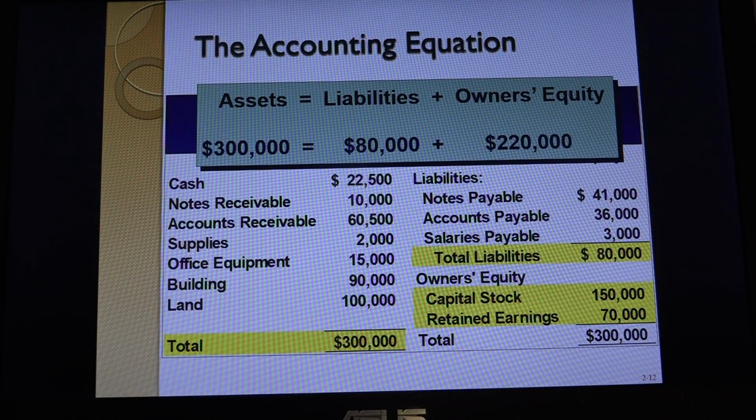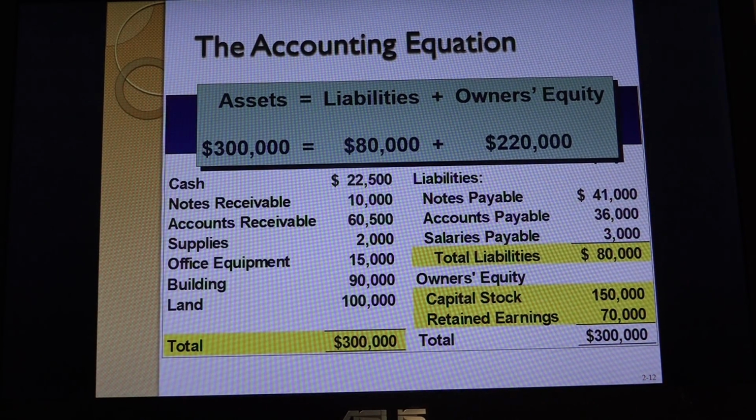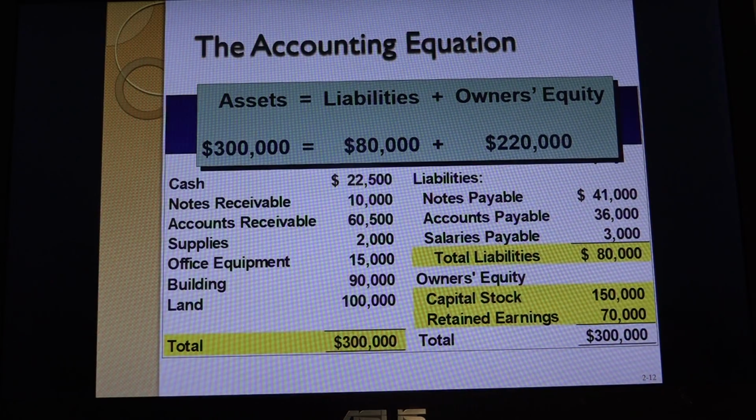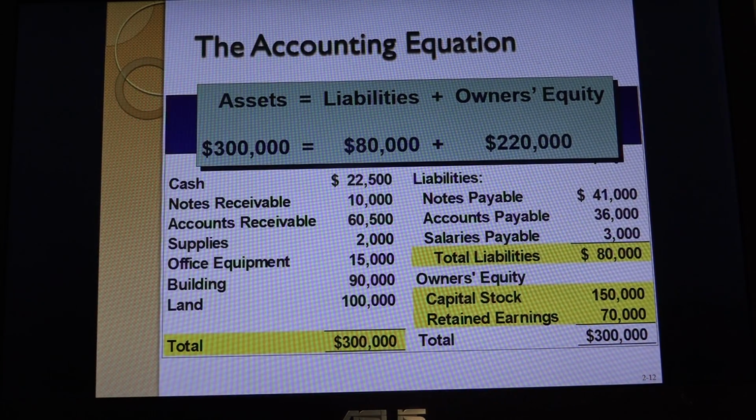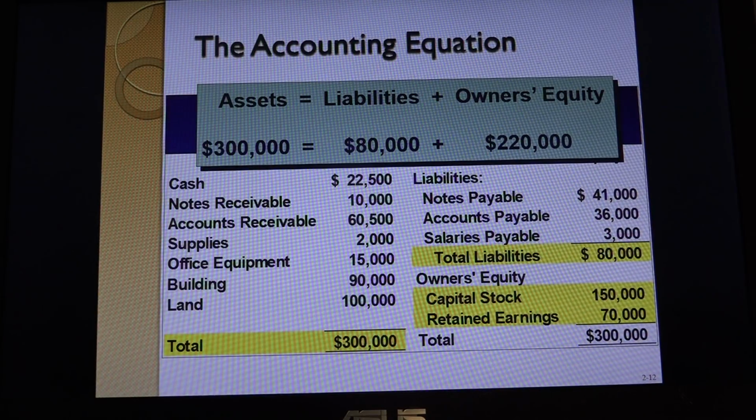Again, you could look at it a couple of different ways. Certainly, assets equals liabilities plus owner's equity. If I gave you any two parts of this, you could come up with the third, right? So if you didn't know what liabilities were, but you knew assets were $300,000 and you knew owner's equity was $220,000, you would simply have to go, okay, assets minus owner's equity equals liabilities, right?